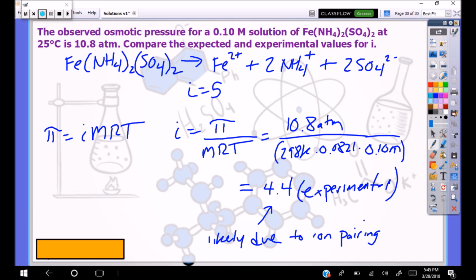The fact that it is a very large complex and you get a ton of ions could contribute. The size of those ions could contribute. They're going to get closer together because there's more ions, and it's likely that we will have a deviation. All right, that is all for today.